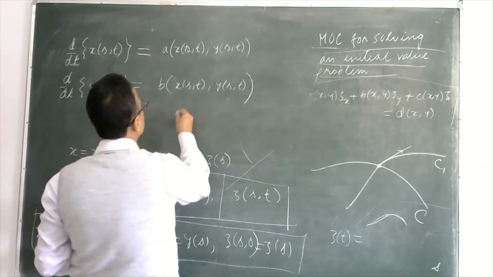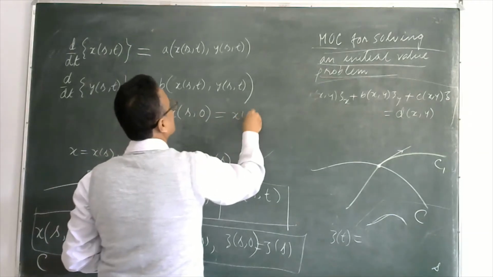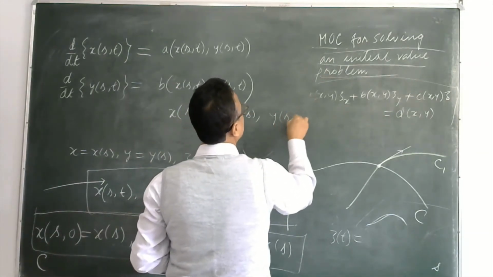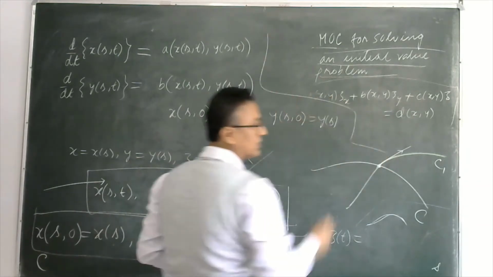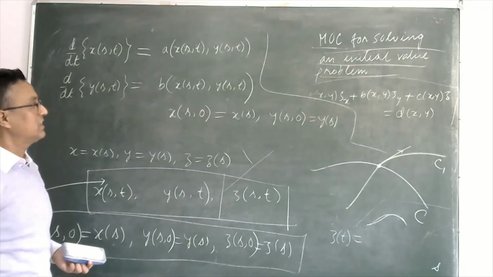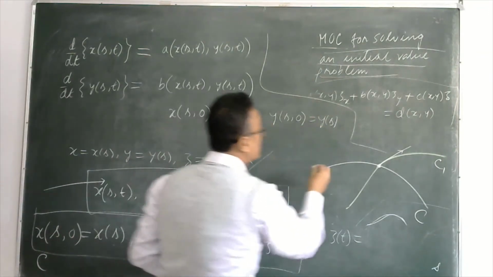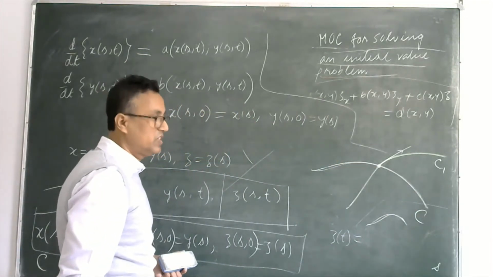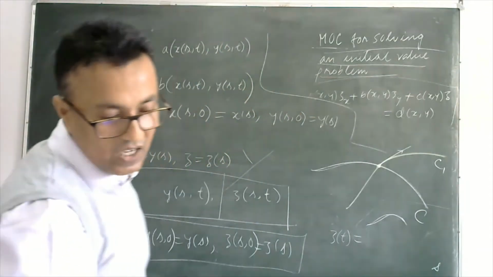And that initial condition is straightforward. It is simply going to be given by this. Are you getting the point? Yes, sir. Say these are going to be coming from this curve. Remember the initial curve. Is it okay? Fine. So now my job is done.